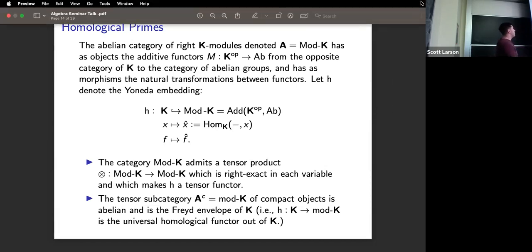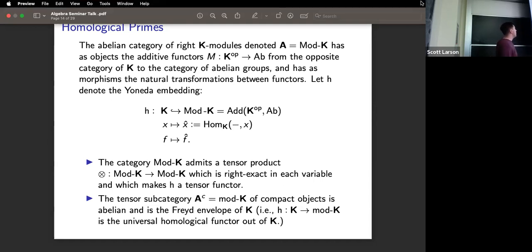This category, which I'll denote mod K, has as objects the additive functors from the opposite category of K to abelian groups. And the morphisms, of course, are natural transformations between functors.